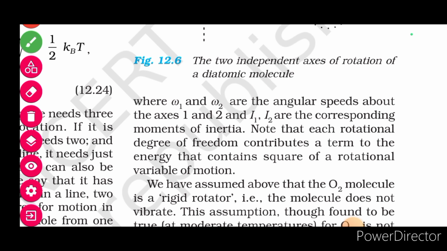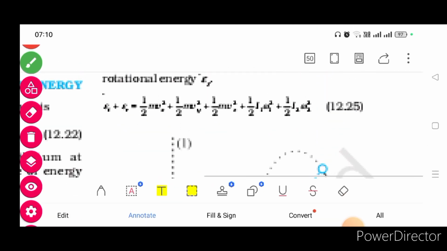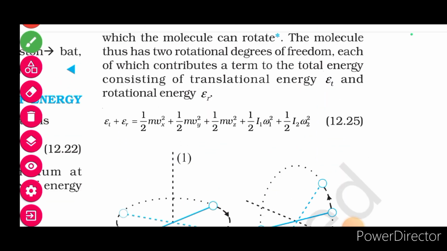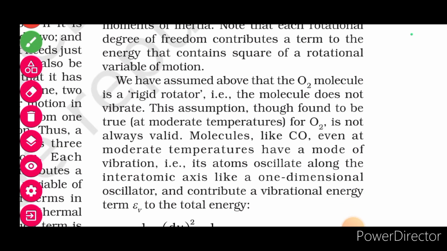Note that each rotational degree of freedom contributes a term to the energy that contains the square of a rotational variable of motion. So this is how rotational motion contributes. Now we have assumed that the O2 molecule is a rigid rotator.